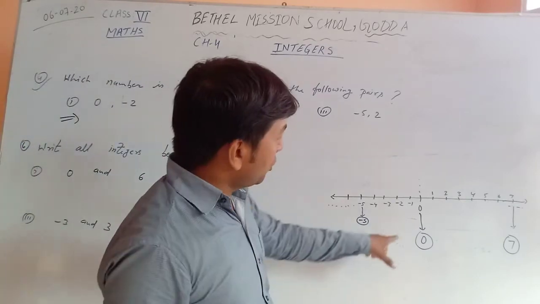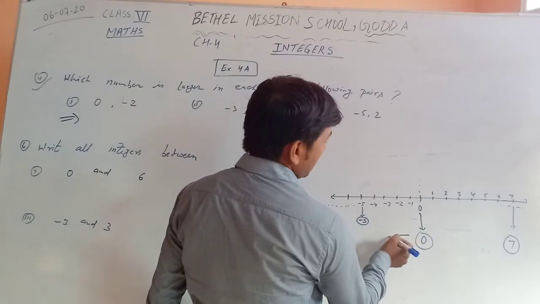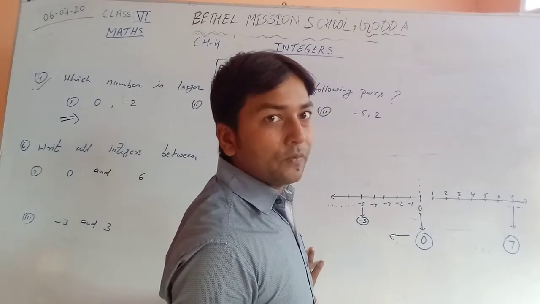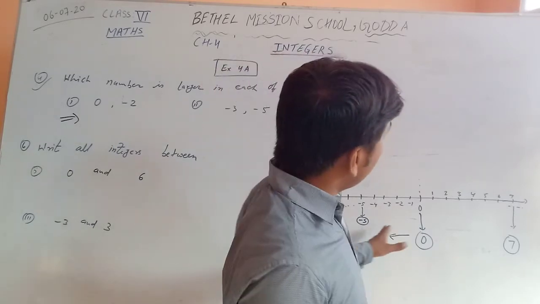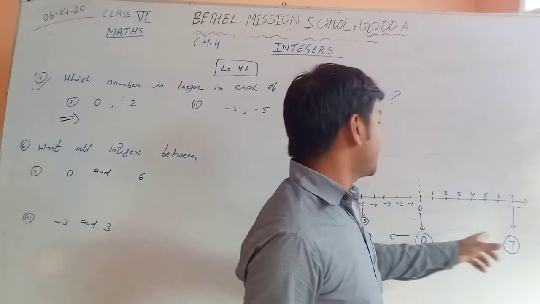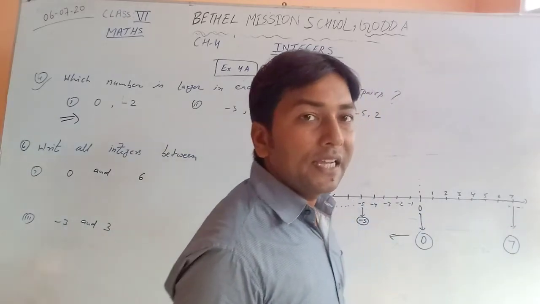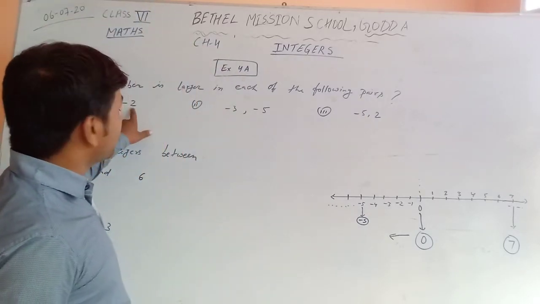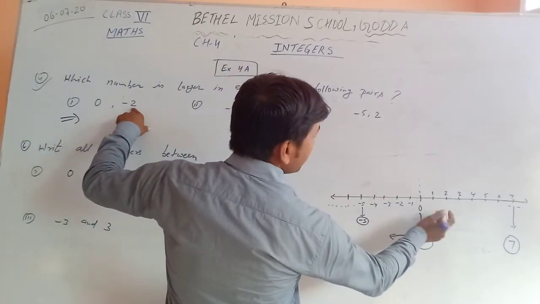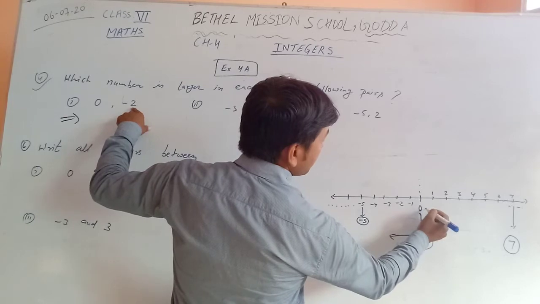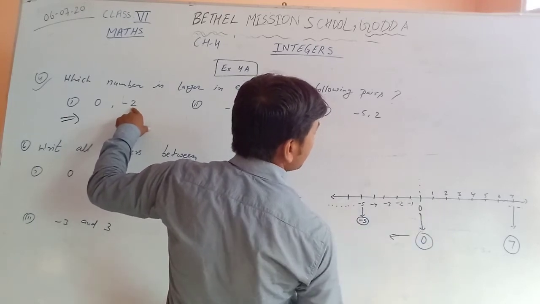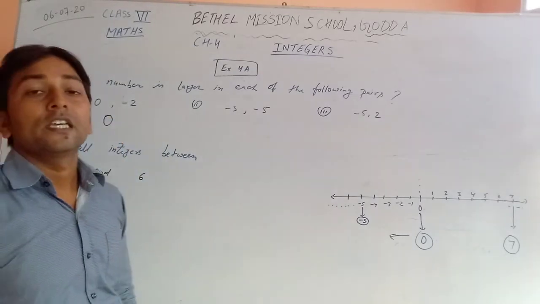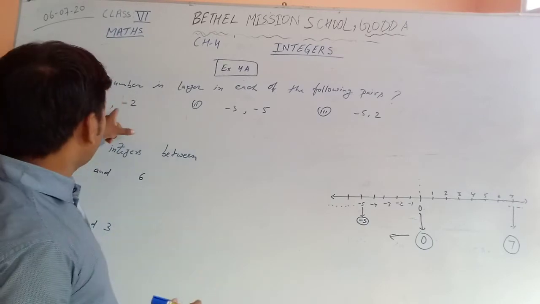I said that when you move left from the 0 the numbers are decreasing, but when you move right from the 0 the numbers are increasing. So is 0 left or right from -2? 0 is right from the -2, so the 0 is a larger number here.